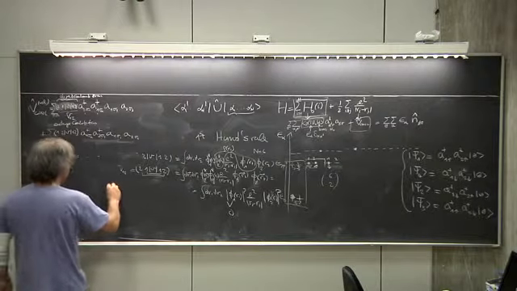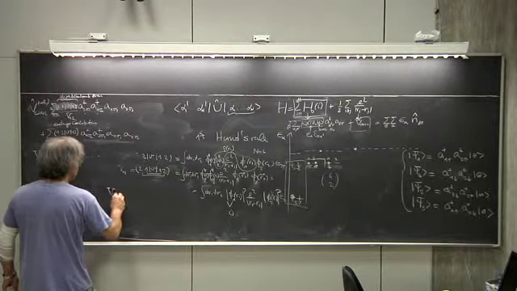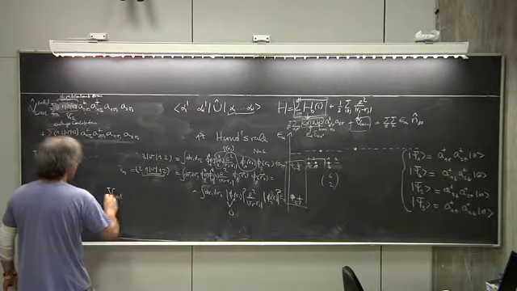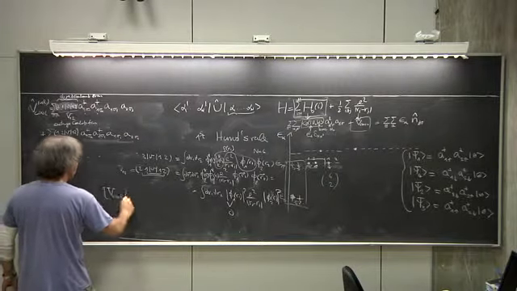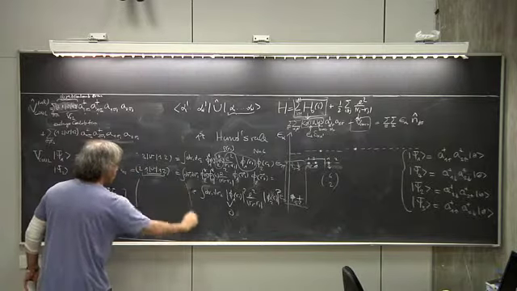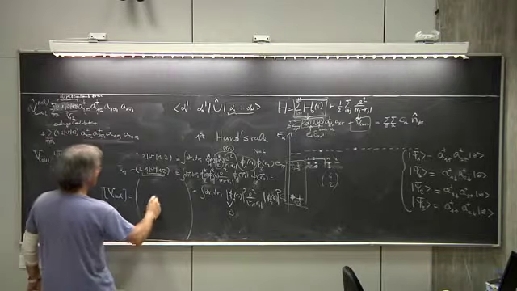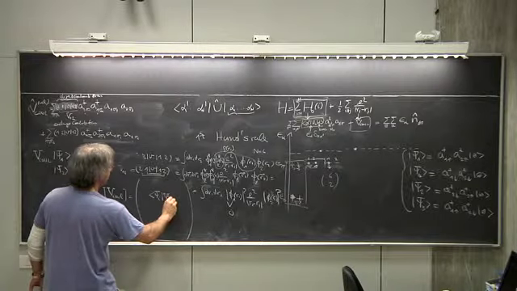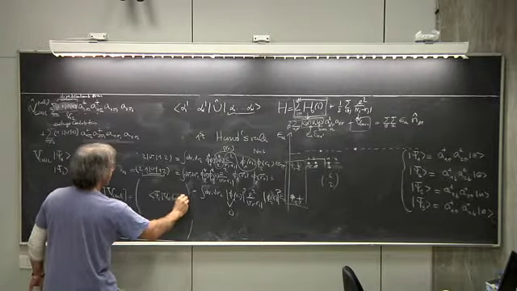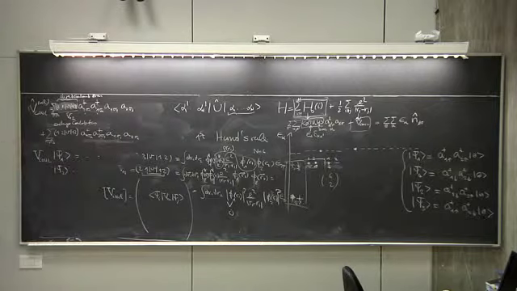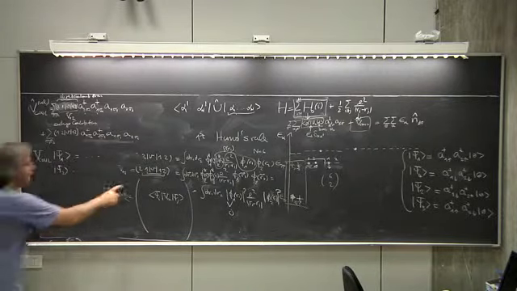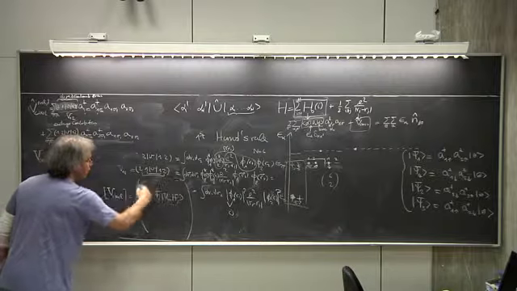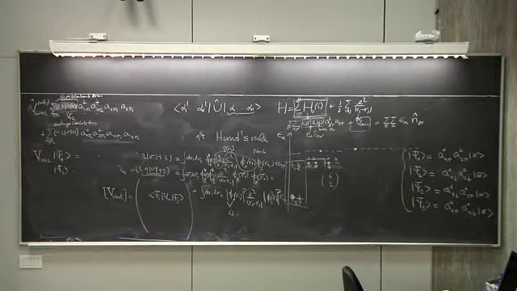And then I will be able to write the matrix. In general, the matrix would be a 4x4 matrix, where in each element I will have psi i, V Coulomb, psi j. This is the generic ij element. So the 1,1, 1,2, 1,3, 1,4, and so forth. 16 elements in principle.